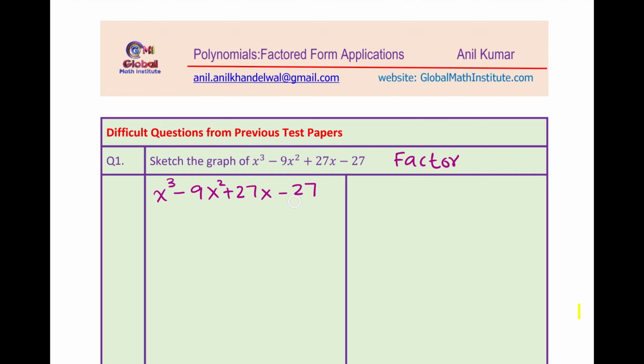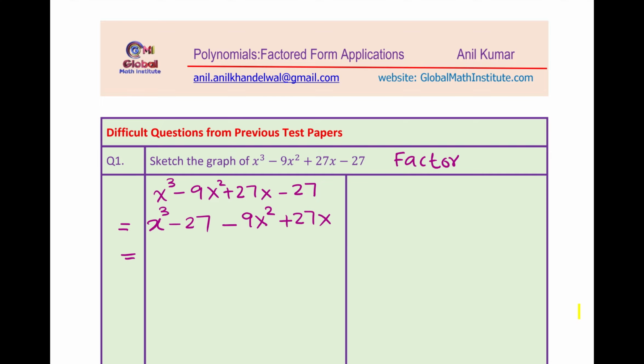First thing is to identify how do we factor. If we group these two, then see what happens. We can write this expression as x cubed minus 27 minus 9x squared plus 27x.